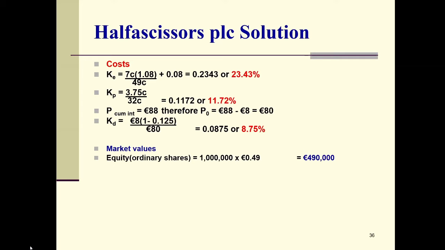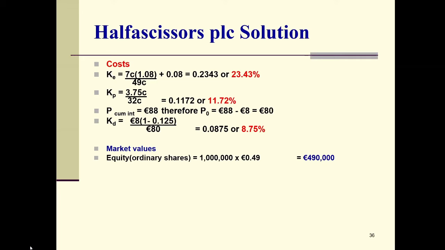So 49 cent is 0.49 of a euro. It's the same as the price up here, except I'm transferring it to euro form, 0.49. With a calculator, if you work that, you get 490,000. What does it represent? It's the market value of all of the shares at the moment. If you wanted to buy all the shares, there's a million of them out there and they're 49 cent each. So if you wanted to buy the whole lot, it'd be about 490,000 euros worth of shares out there.